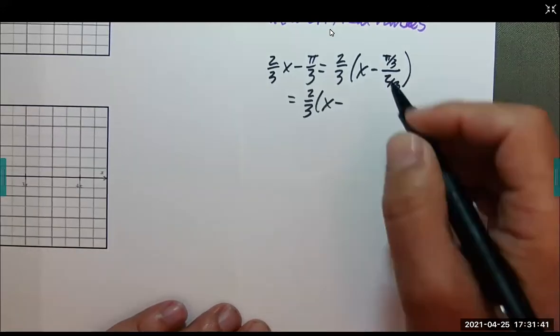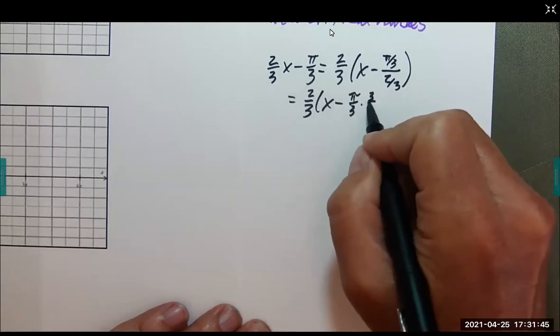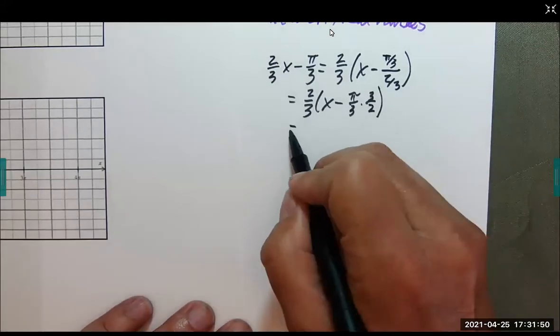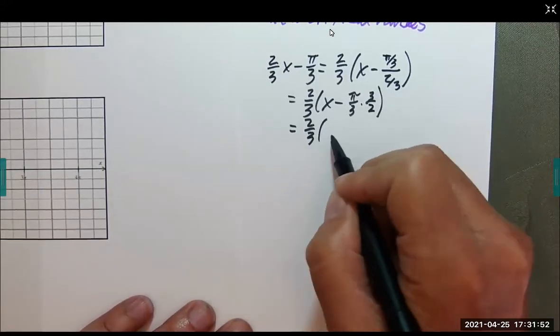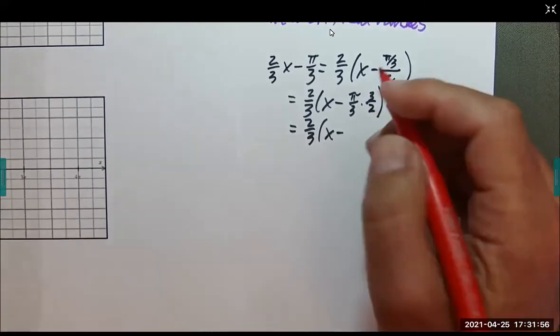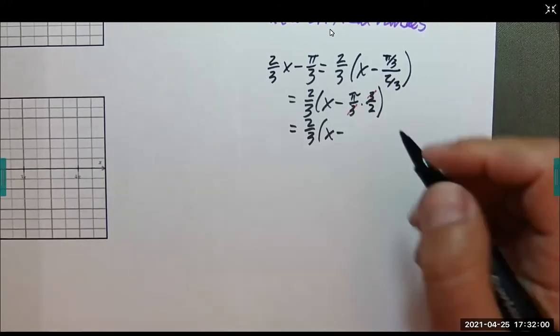Now, this actually becomes pi over 3 times 3/2. Remember, when you divide by a fraction, you multiply by the reciprocal. So 2/3 x minus, and you can see the 3's reduce out. And we're at pi over 2.